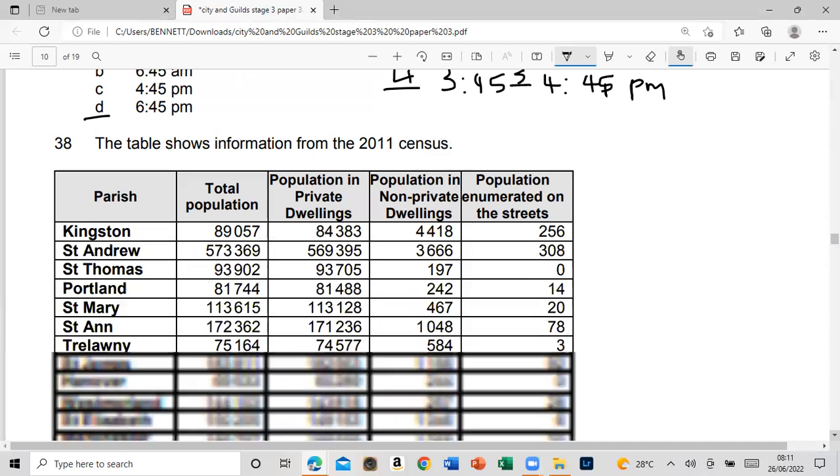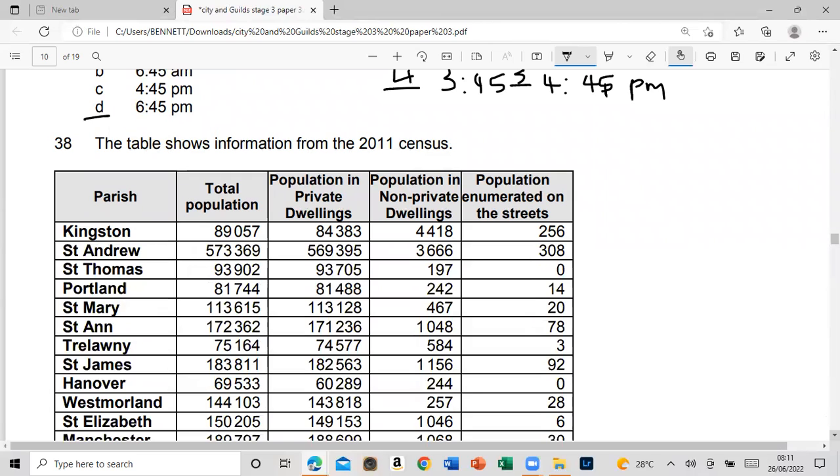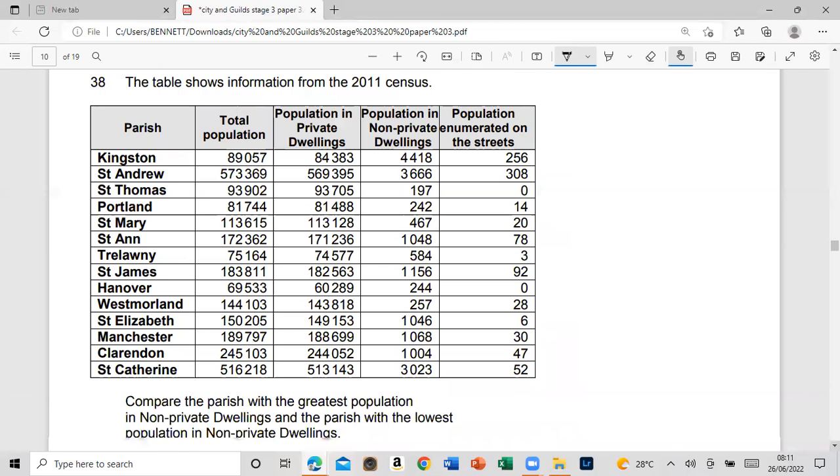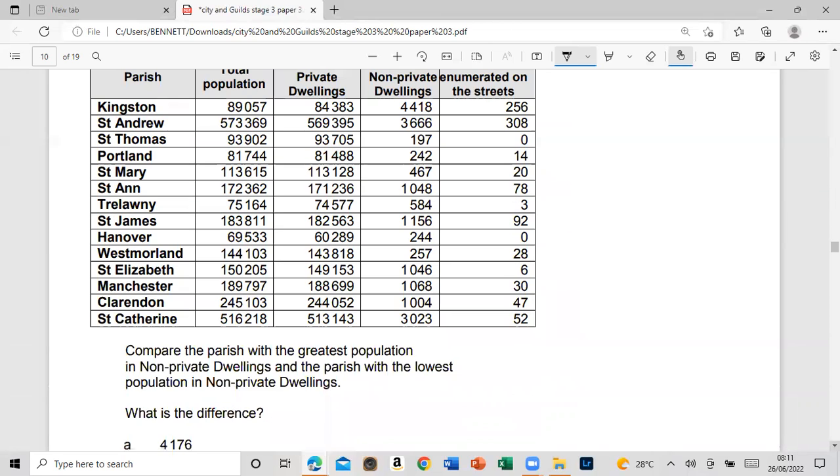The table shows the information from the 2011 census. Let me just zoom in on it. And this is Kingston, Jamaica, right? Guys, if you don't see this, just go straight to the answer and then you figure out what they are asking after. Compare the parish with the greatest population in non-private dwelling. So I can find that.